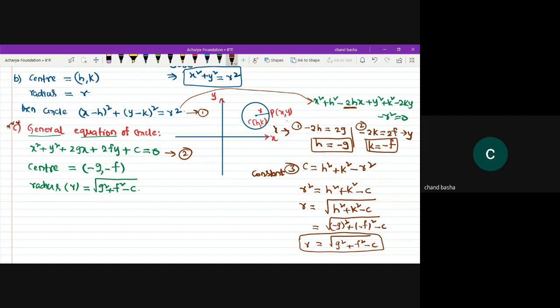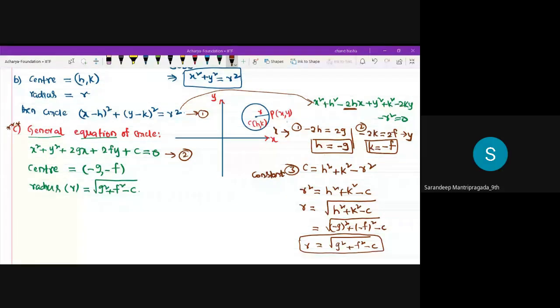Both are equal because constant terms are equal. They are the same because equations 1 and 2 represent the same circle. The generalized form is equation number 2. But we require the radius, so I can take r square on the left hand side and c on the right hand side, so that I can get the required radius of the given circle.